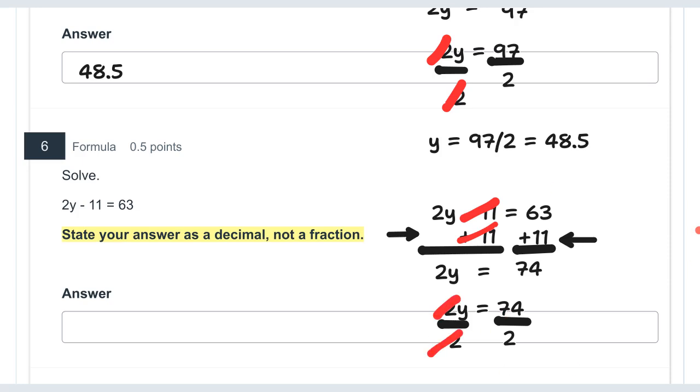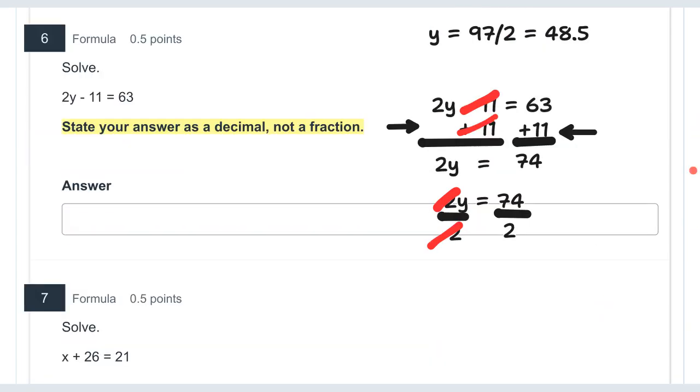And on the right side, I have 74 divided by 2. So y is 74 divided by 2, which is 37.